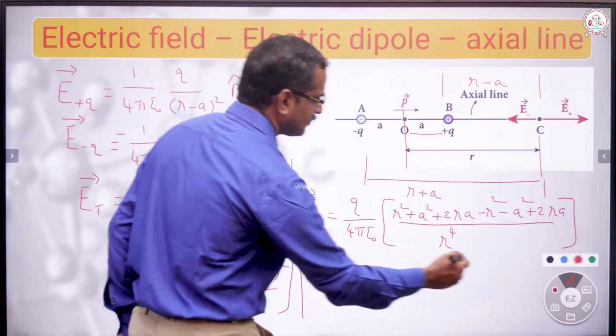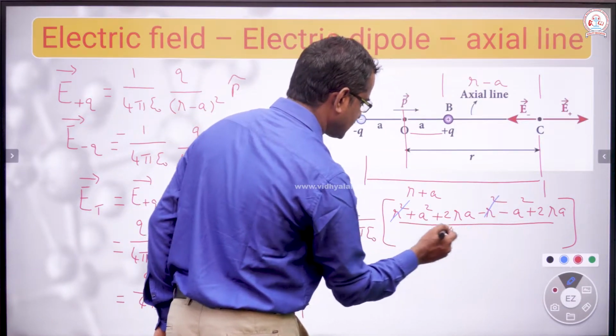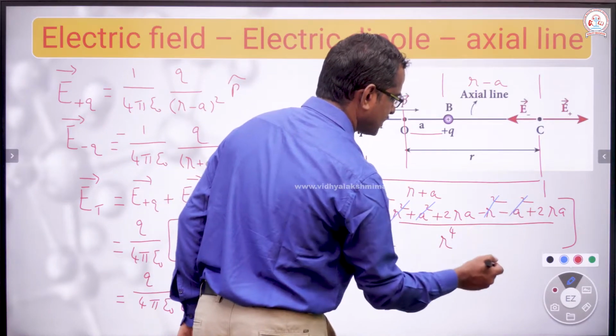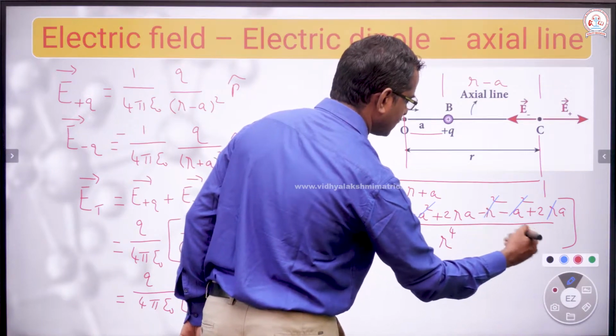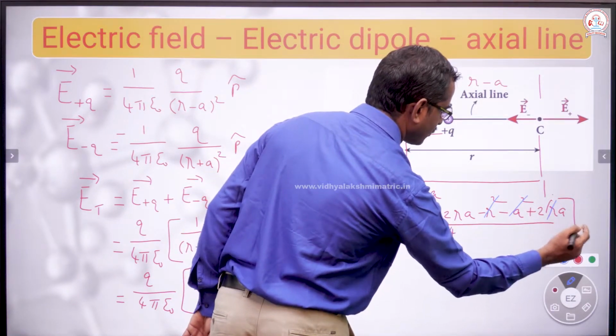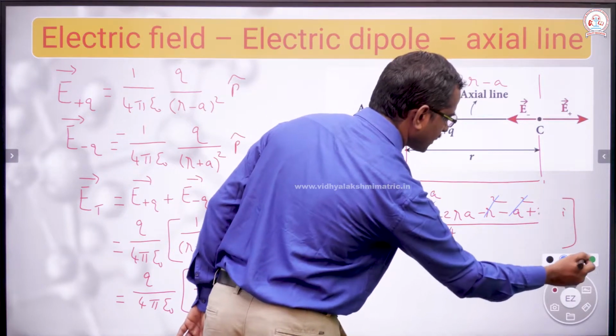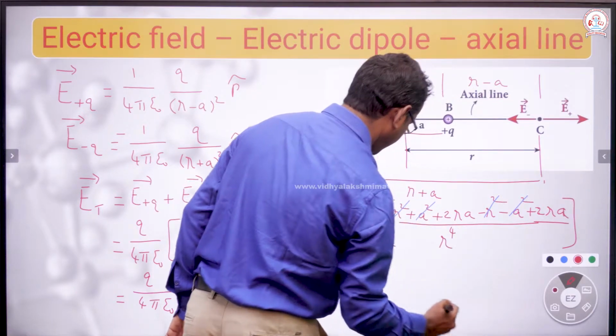Then here, R square can be cancelled, plus A square minus A square, and one R here, we will get 4RA. This is 2RA, add and then cancel.